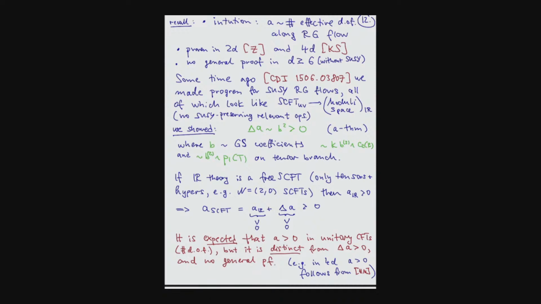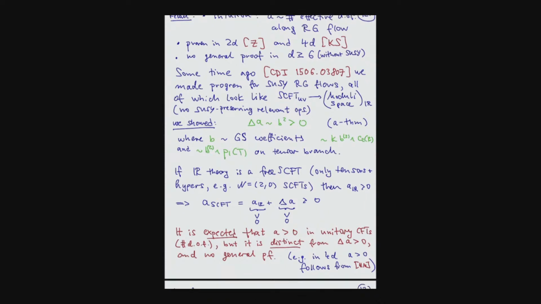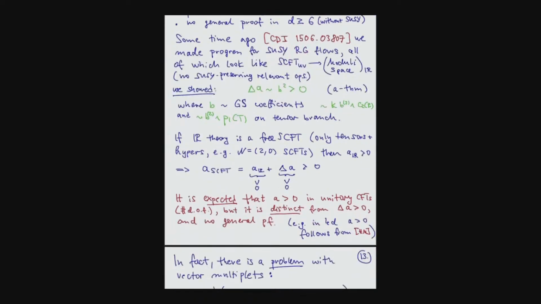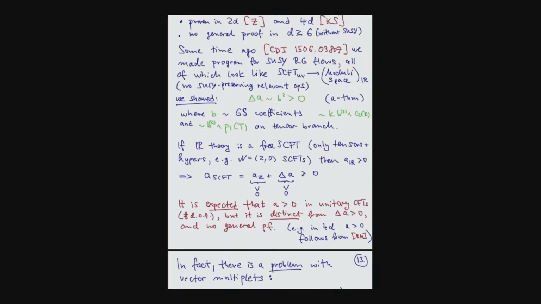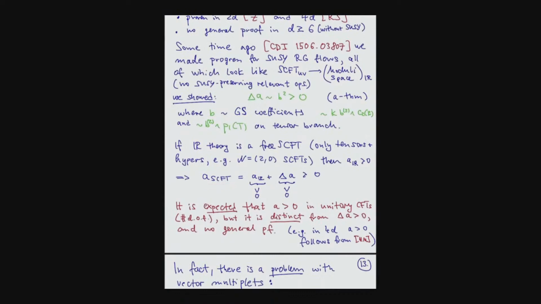And therefore, delta A is the same as the A of your UV CFT, which is therefore positive by the a-theorem. But in a chiral theory, it's not always possible to flow to a gapped phase. You might be prevented from doing that by various anomaly considerations. So it actually turns out to be a non-trivial question to prove whether or not six-dimensional superconformal field theories have positive a-anomalies.